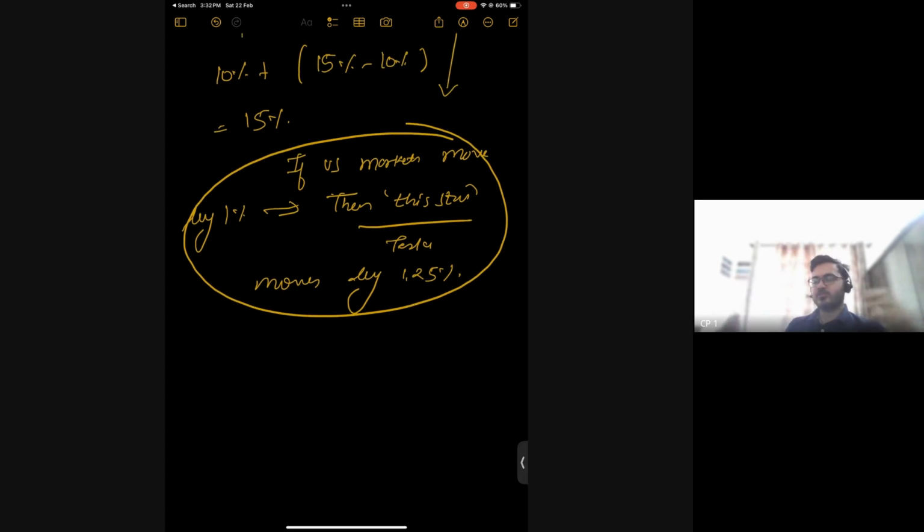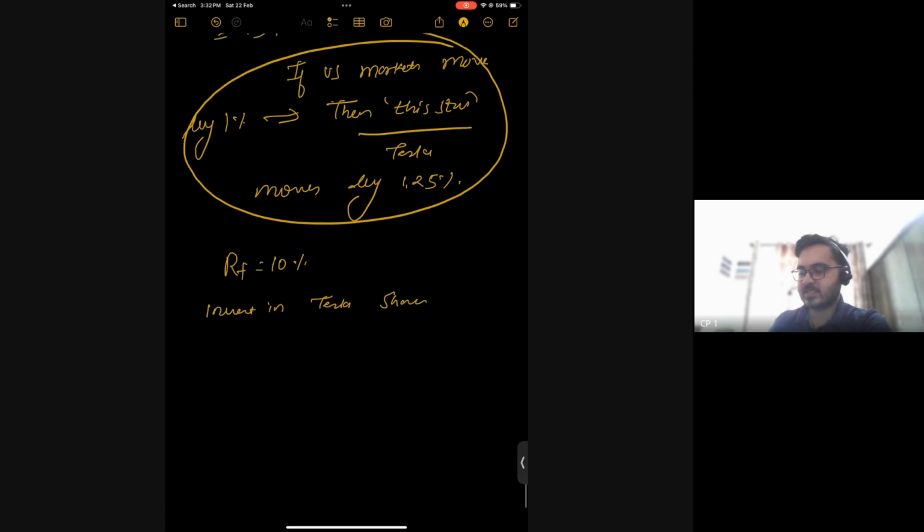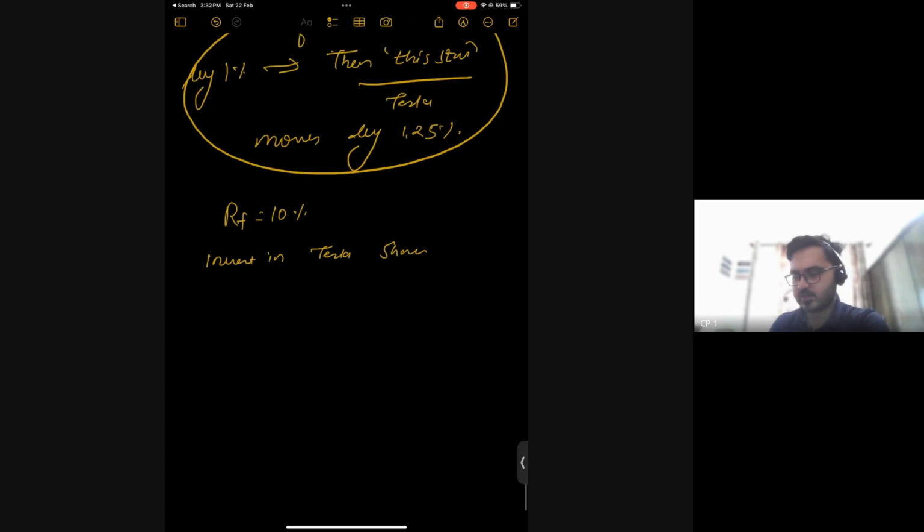So let's go back and do the fundamental calculation. Let's just assume the risk-free rate is 10%, which means government bonds are giving 10%. I ask you to invest in Tesla shares. So you will say, sir, if I'm investing in Tesla shares, I need more return. I'll say, yes, you need more return. That of course makes sense.